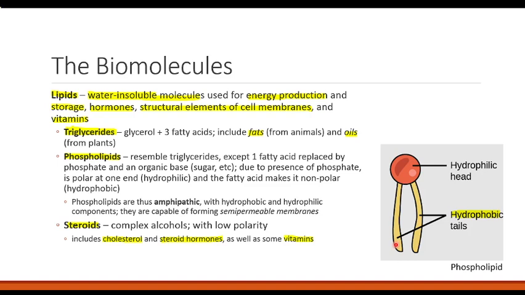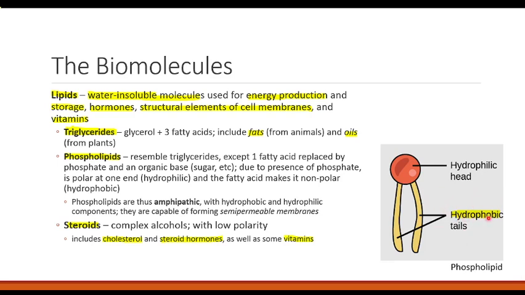As you can see in the variety of the components, lipids are not actually polymers. Although triglycerides have these monomer components here, they are not really called polymers, because they have different building blocks.